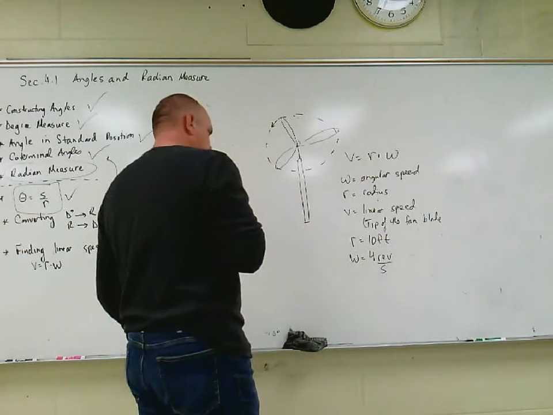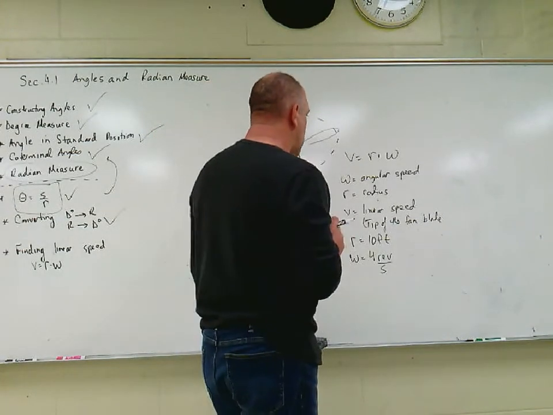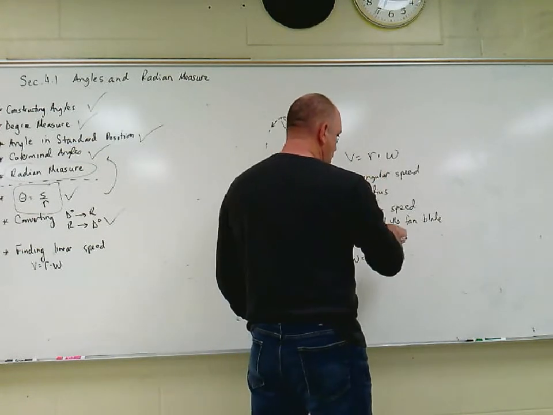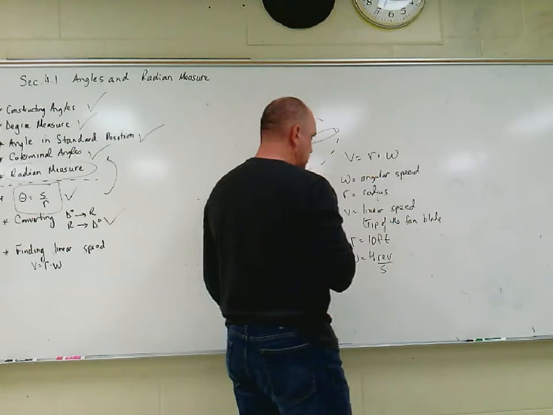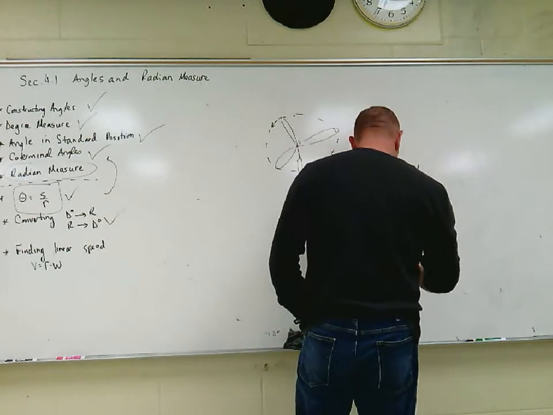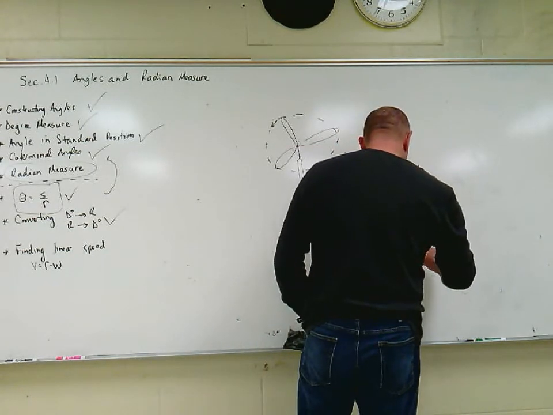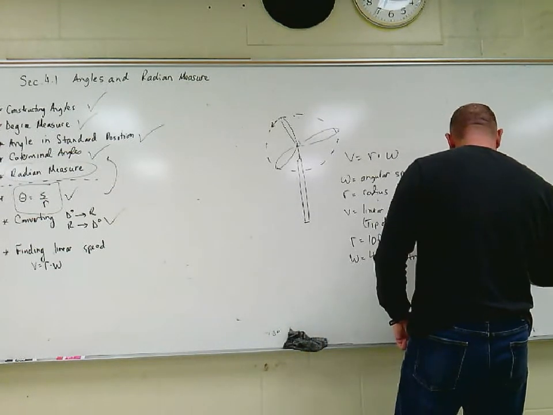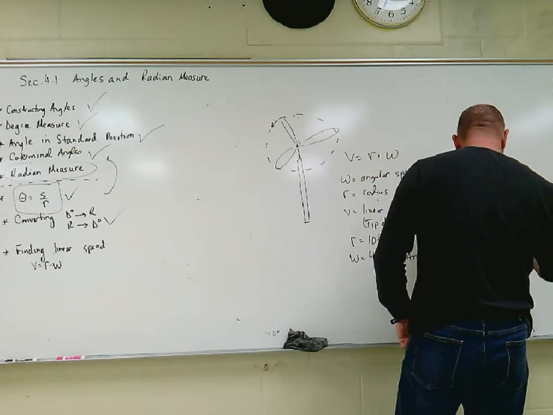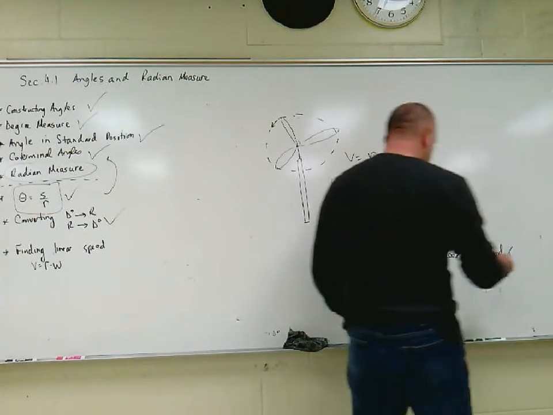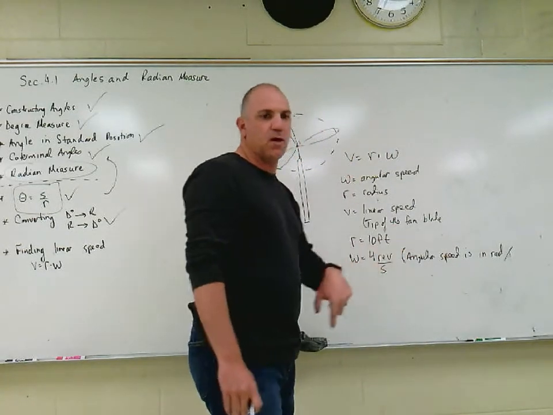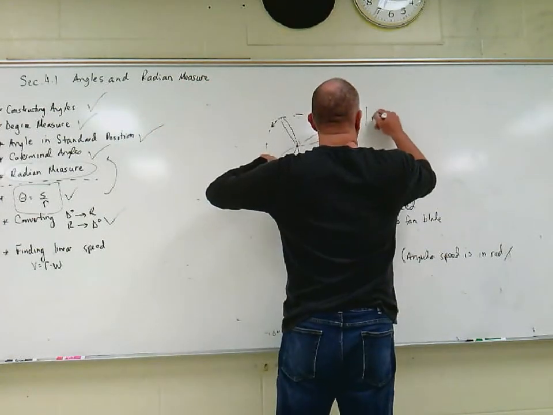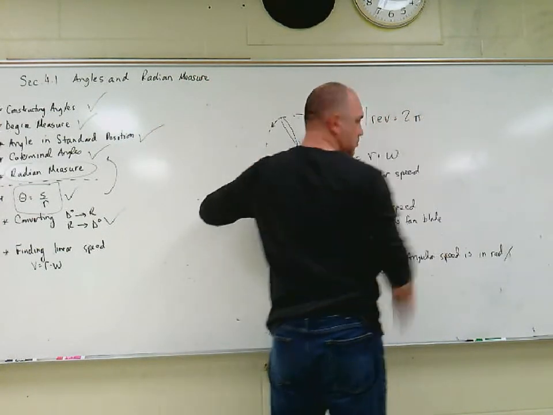Now the first thing I want to do is make sure that my angular speed is in radians, not in revolutions. So when I work with my angular speed, it should be in radians per minute, per second, whatever. So convert from revolutions to radians. How am I going to do that? Well, we know 1 revolution is 2 pi.